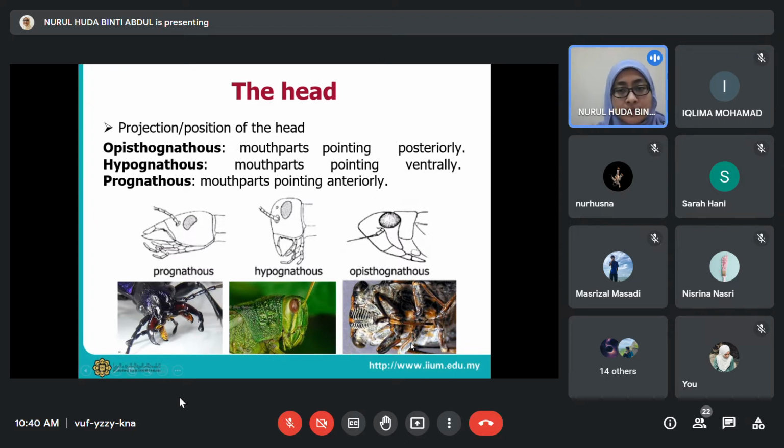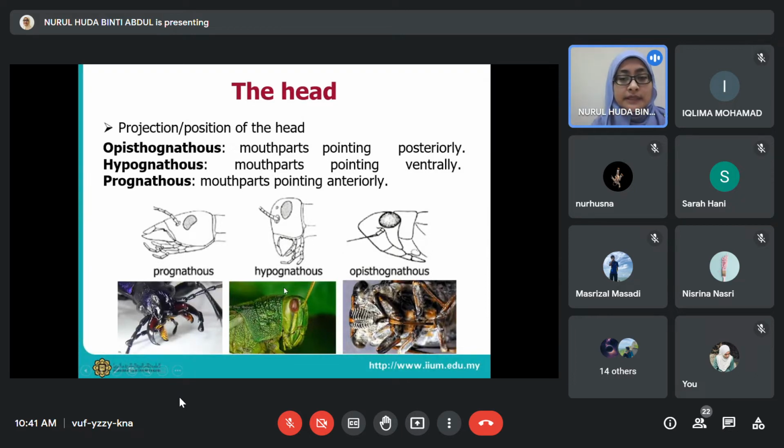So they have opisthognathous mouthparts specialized for sucking, meaning sucking plant fluids. And then we have hypognathous, the one pointing ventrally, downward, especially the ones that feed on leaves, which are pests.